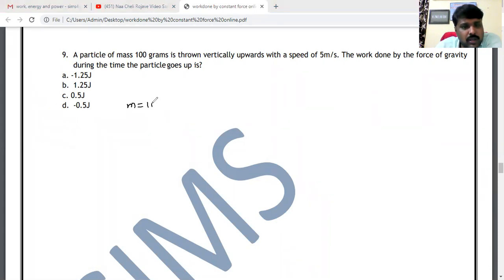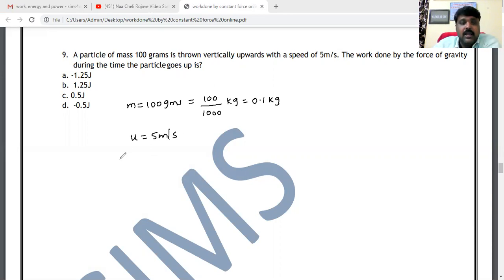Mass is 100 grams, in the sense 100 by 1000 kg, which equals 0.1 kg. It is thrown vertically upwards with a speed of 5 meters per second. Initial speed u equals 5 meters per second.